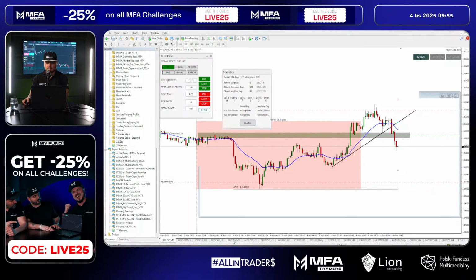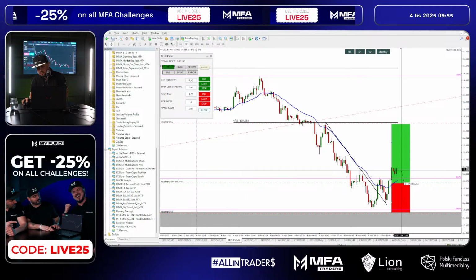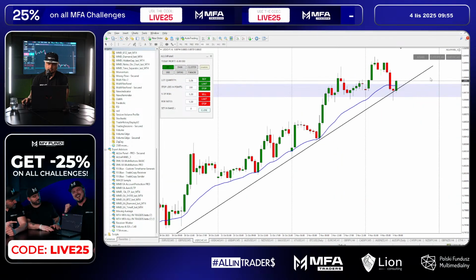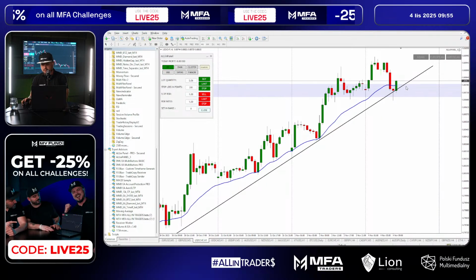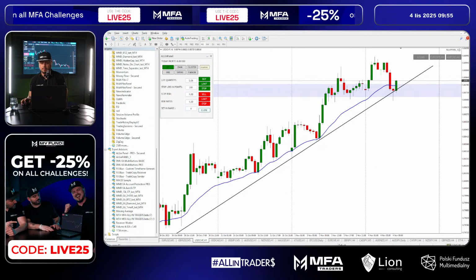Okay. USD JPY. Come on, only few pips. We need to just drop down like 10 pips. Oh, USD CHF is looking good. If this candle is gonna close like this, perfect. We're gonna open the trade, okay?